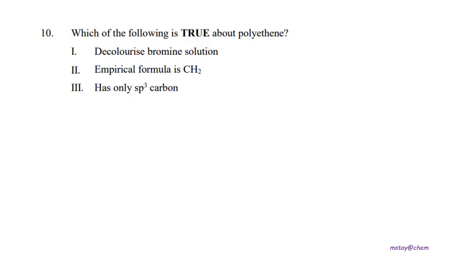Last question in this chapter, what is the correct statement for polyethylene? From here we can see ethene, so we know this is a polyalkene. If alkene, it is able to decolorize bromine, so it's correct.